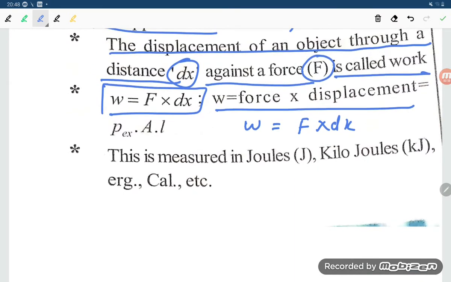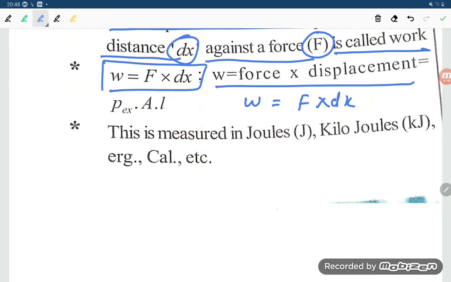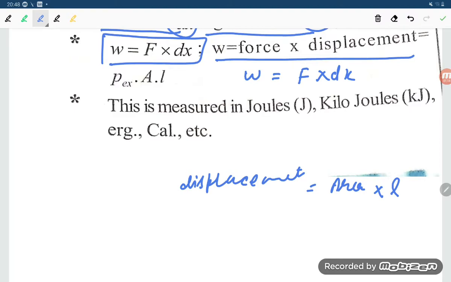If a movable piston is there, how can you define displacement, student? Displacement is equal to area into length, that is A into L.